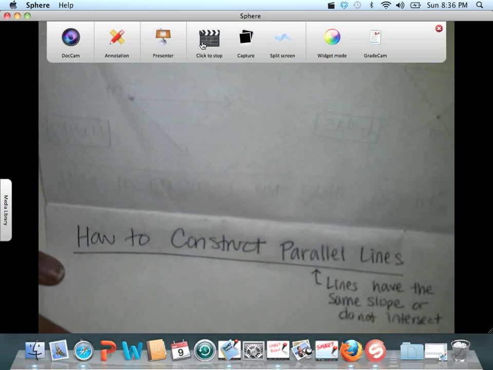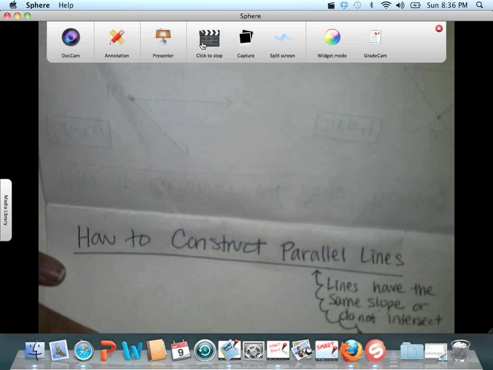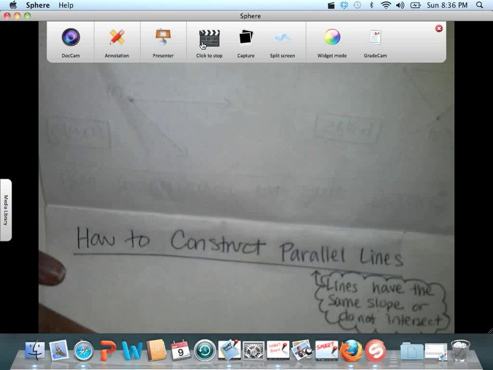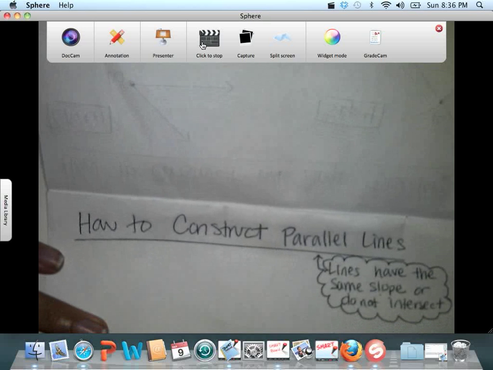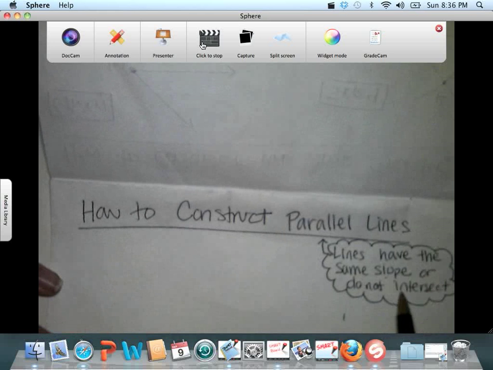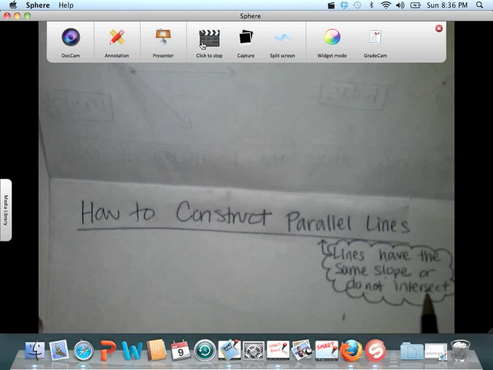So these lines are never going to touch no matter how long you make them, and that is because they have the same slope. Perpendicular lines always cross, and they actually have slopes that are opposite reciprocals. So, good to know when you're creating equations, right? And here we're really focusing on this definition, the fact that they shouldn't intersect when you create them, okay?